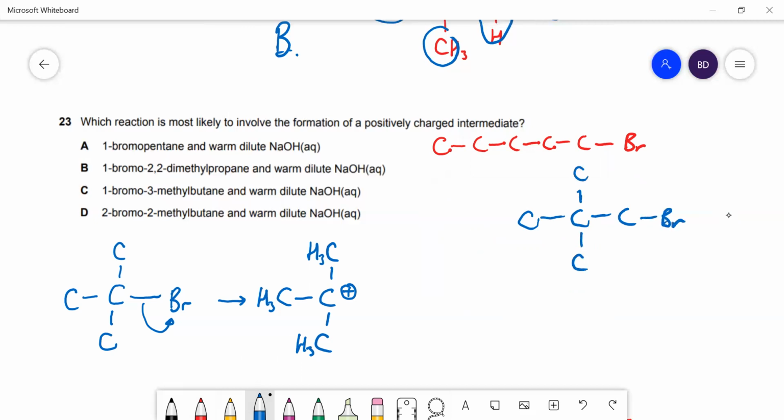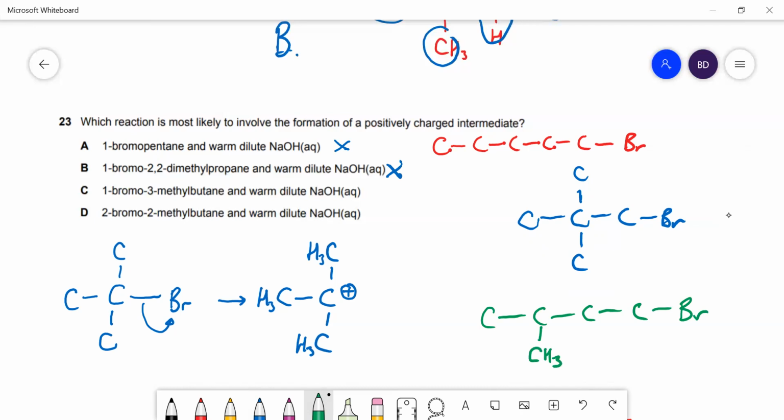Well, that is still a primary. Look, it is not a tertiary. The carbon to which the bromine is attached is only attached to 1 carbon, so that's not the answer. 1-bromo-3-methylbutane. Let's try that in a different color. Again, that is a primary haloalkane. That's not going to do it.